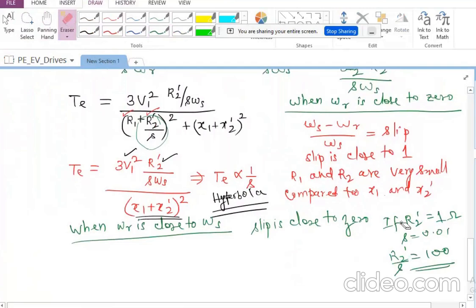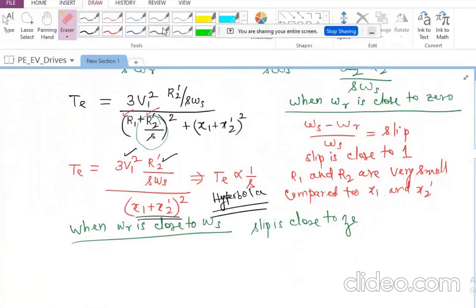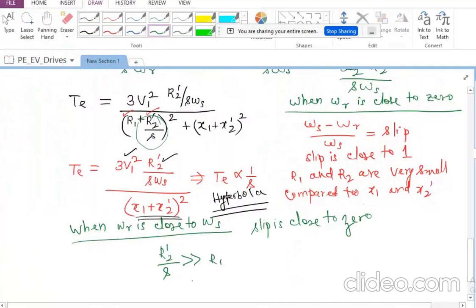So I should say under such a condition, R2 dash divided by S is going to be much, much higher than R1. Also, it is going to be much, much higher than X1 plus X2 dash. Because even in an induction motor, leakage will be somewhat limited because it is made up of ferromagnetic core. So you would not see much flux leaking away.